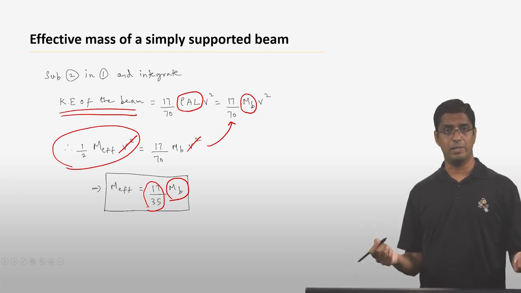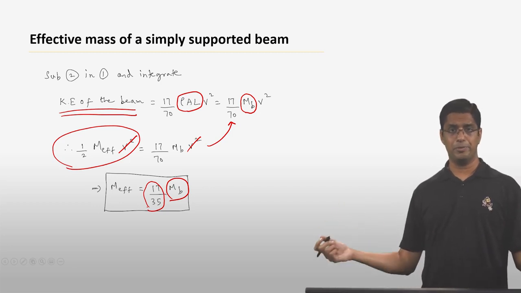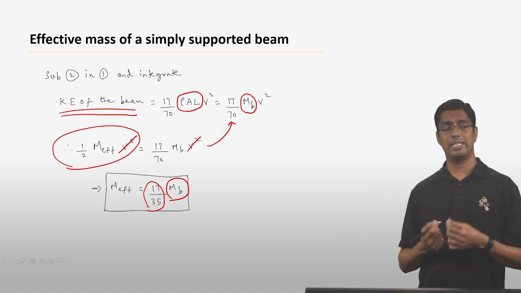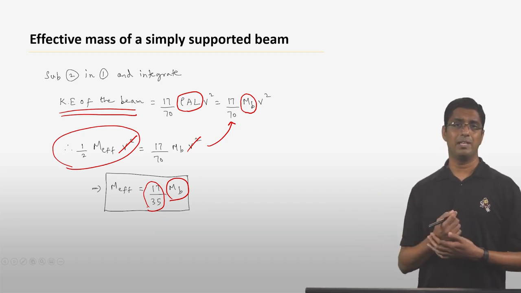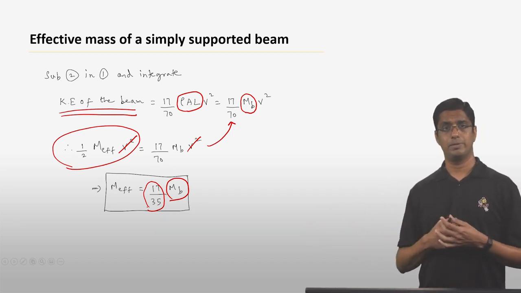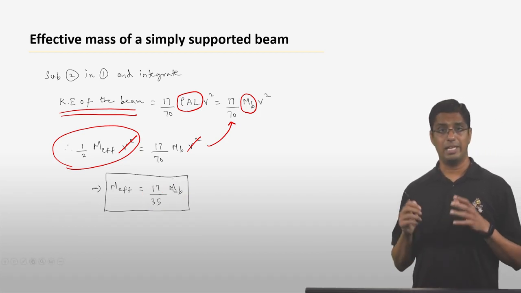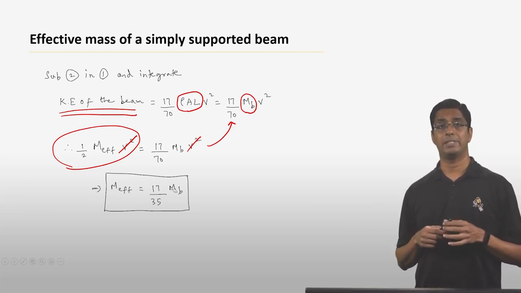Some are moving very slowly, some are moving very fast, and some are not moving at all. If you think about the supports, there's no motion at all in the y direction. So this 17 by 35 factor comes in because the velocity at the middle of the beam is maximum and the velocity elsewhere is lower. But the main point is that we have now approximated this beam by an m effective, which is 17 by 35 times m_b.